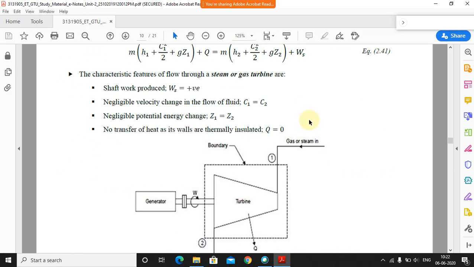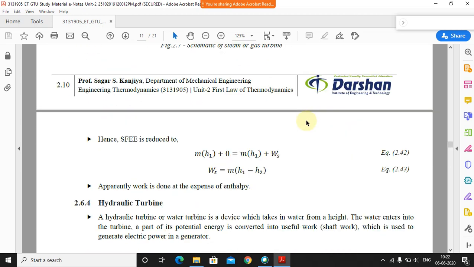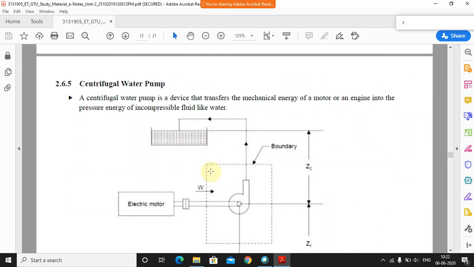So what is the steam turbine equation? That is ws is equal to m into h1 minus h2. So the work done is nothing but the difference between h1 minus h2.